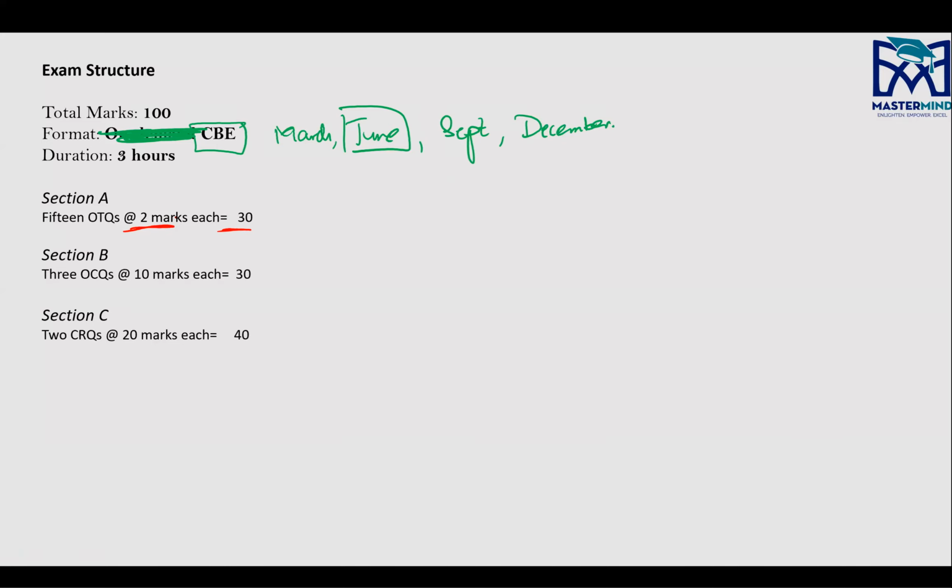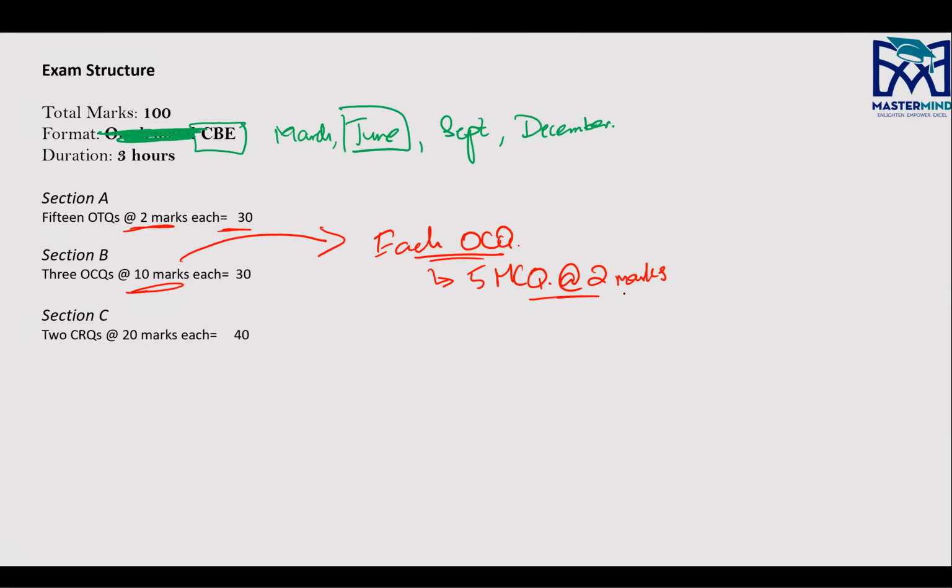Section B, you have three OCQs. OCQs are objective case questions. You'll get one big scenario, and from that scenario you'll get 5 MCQs, or the new name, OTQs, and each is worth 2 marks.